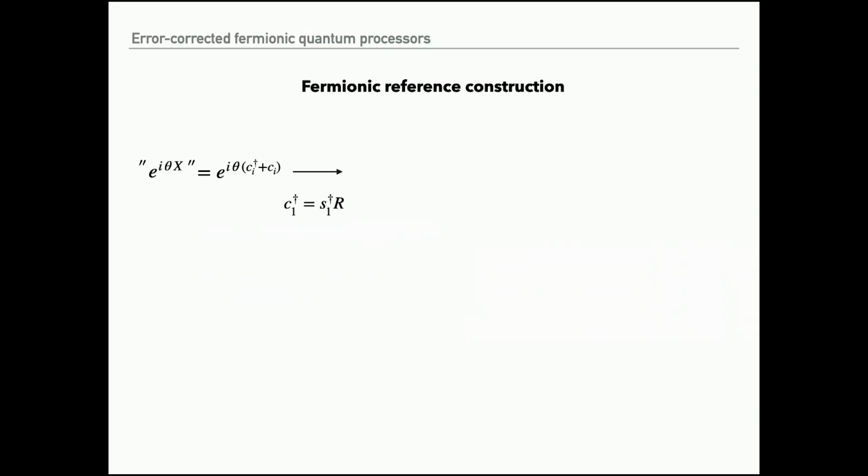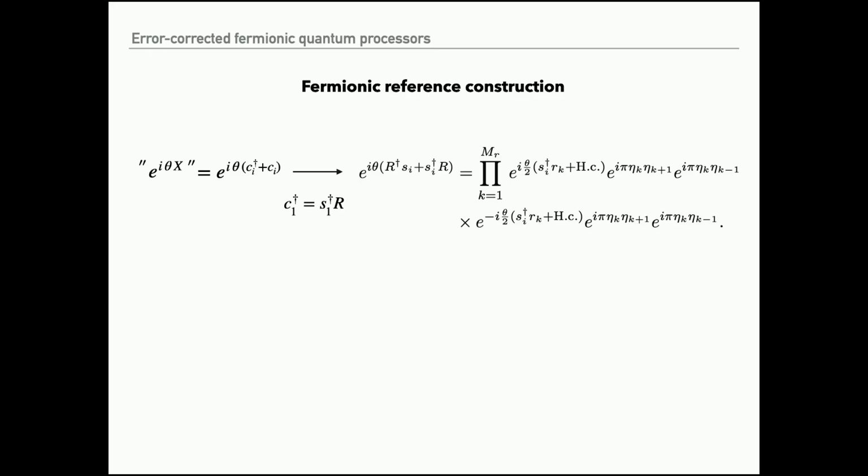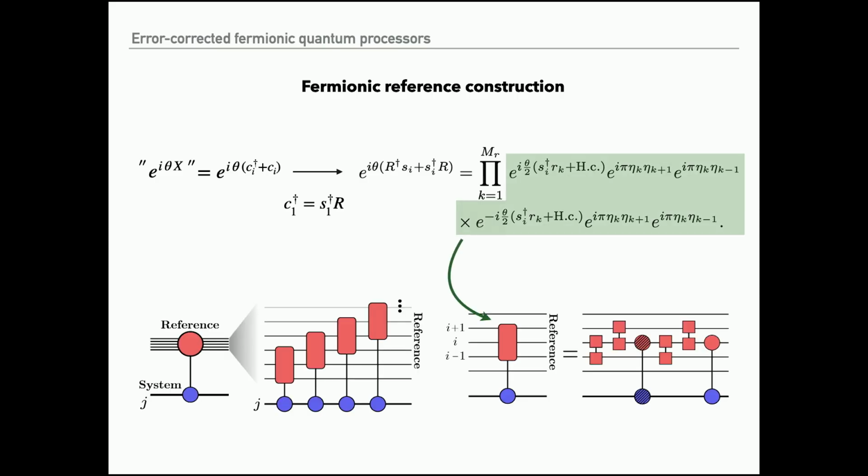One thing that's left to be discussed is how to realize the construction of this many-body operator R. In fact, there's a decomposition that you can write down, and you can plot it like this.